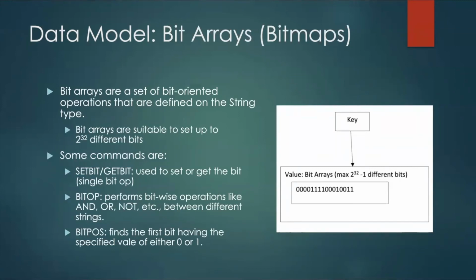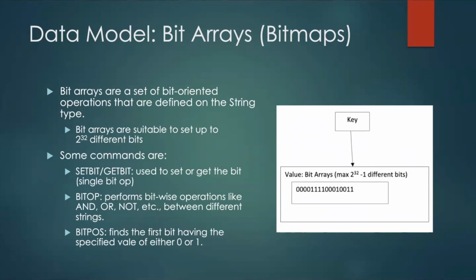Data model: bit arrays or bitmaps. Bit arrays are a set of bit-oriented operations that are defined on the string type. Bit arrays are suitable for setting up to 2 raised to the power 32 different bits.